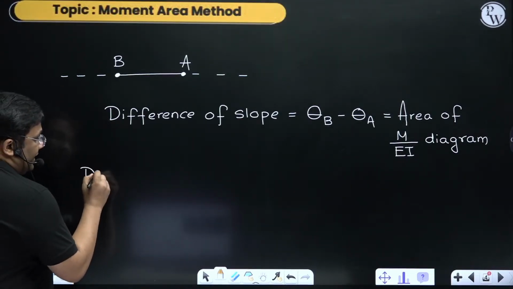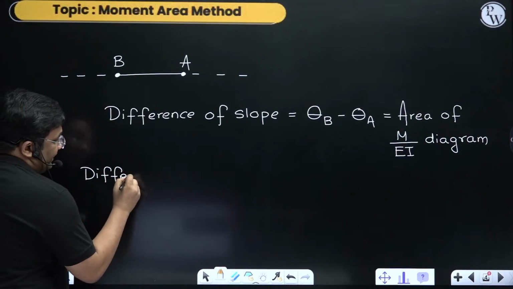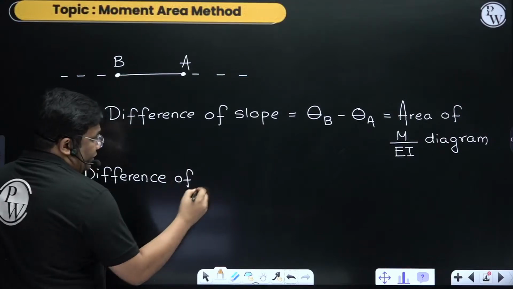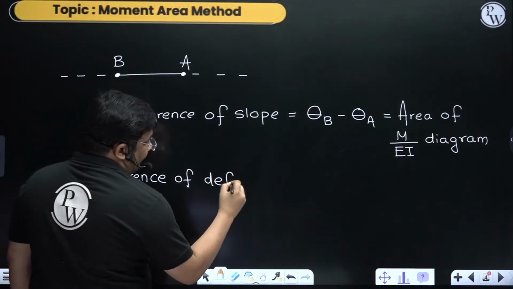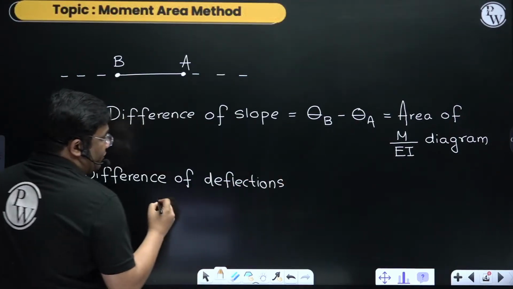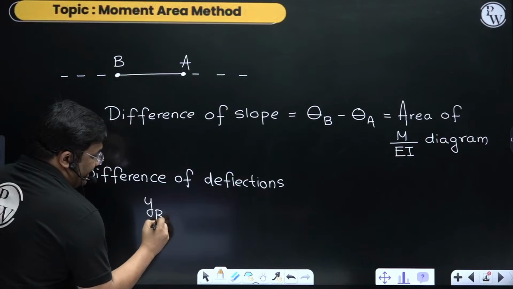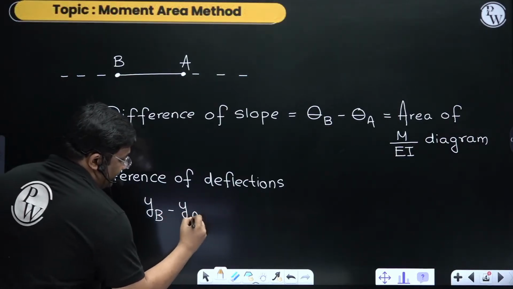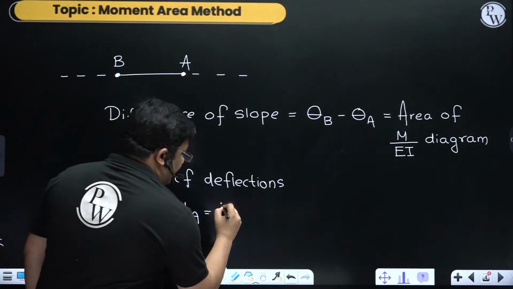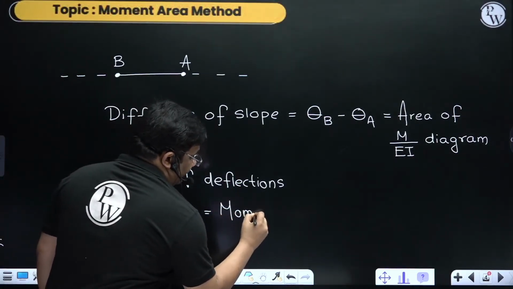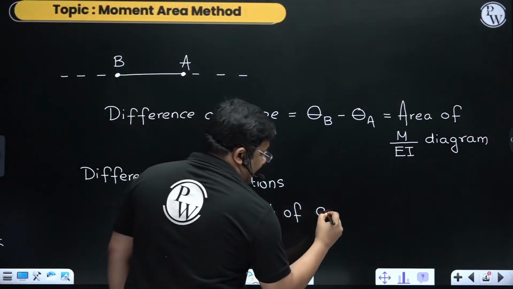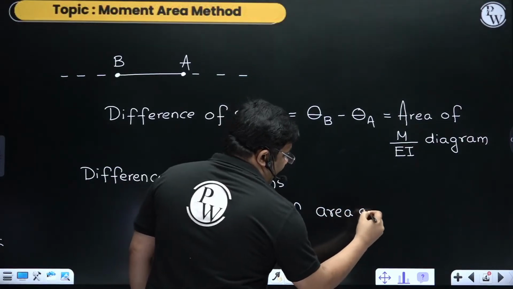And what about the difference of deflections? I can write the deflection at B and the deflection at A. The difference of deflection is the moment of the area of the M by EI diagram.